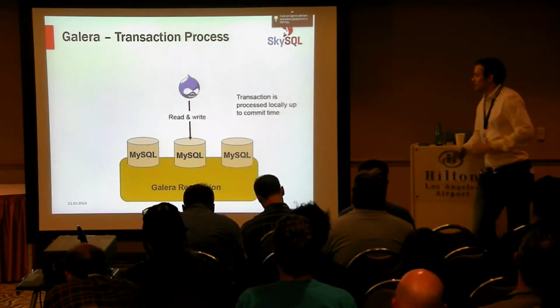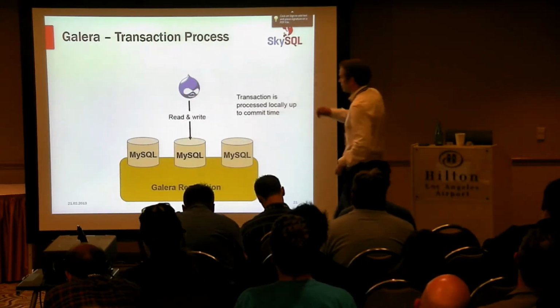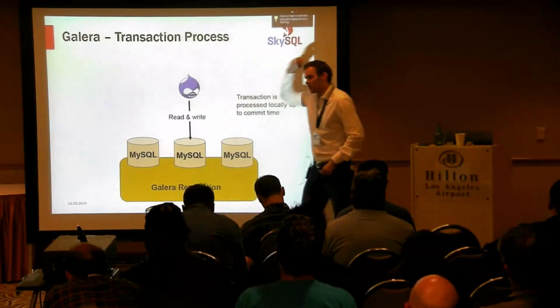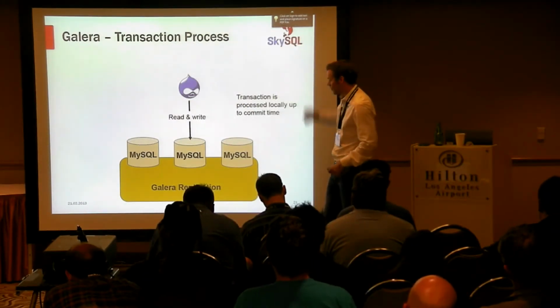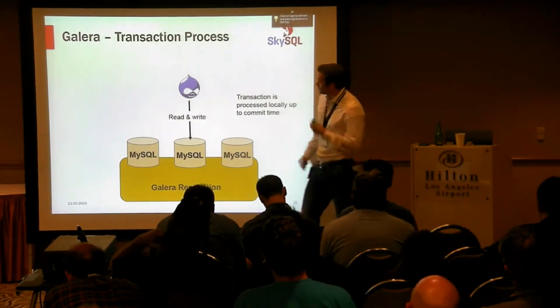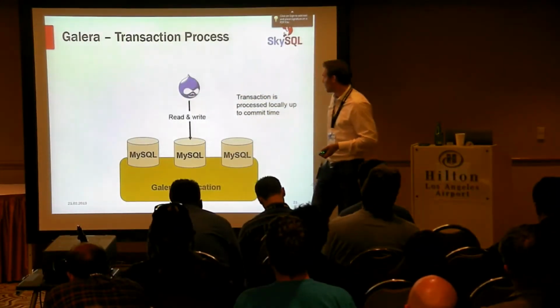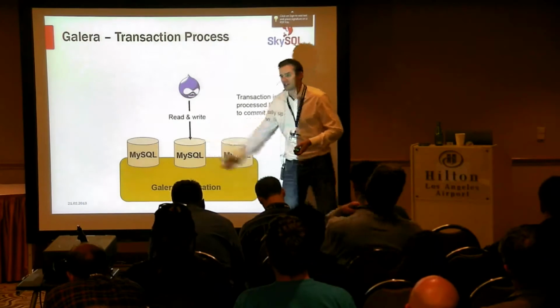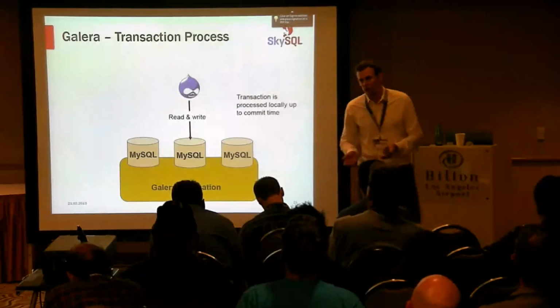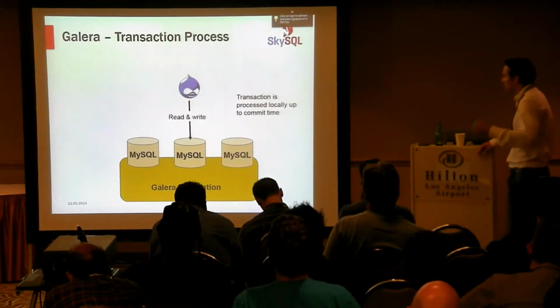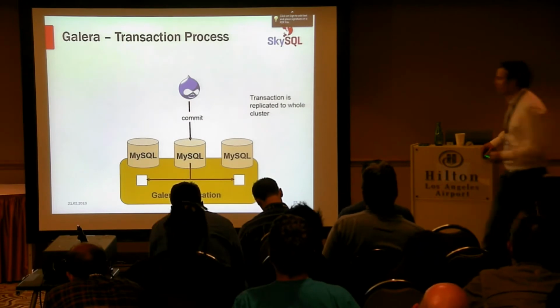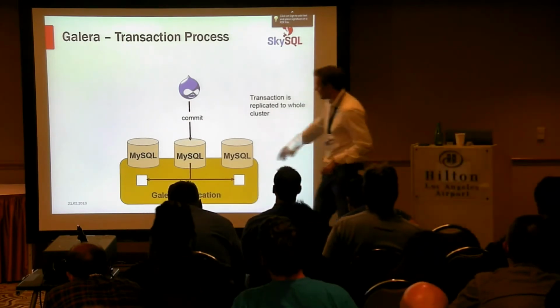So let's see what happens. Here you have 3 servers in a Galera setup. So you write to one of the servers. You do read or write. So the first thing that happens is that you just process the transaction normally, locally. You don't talk to any of the other servers. Then when you press commit, the transaction is validated by all the machines.